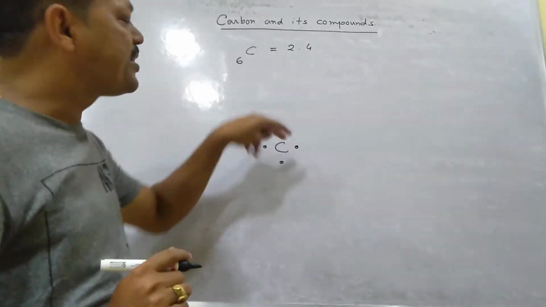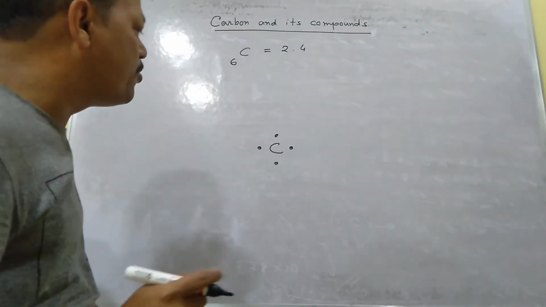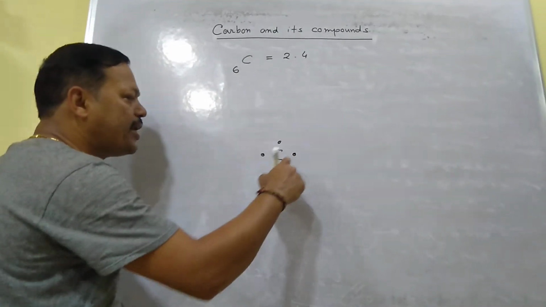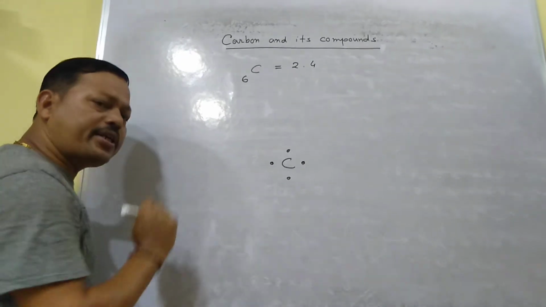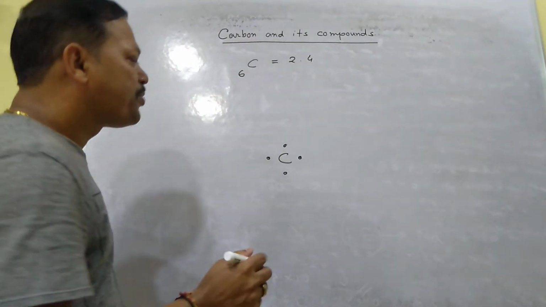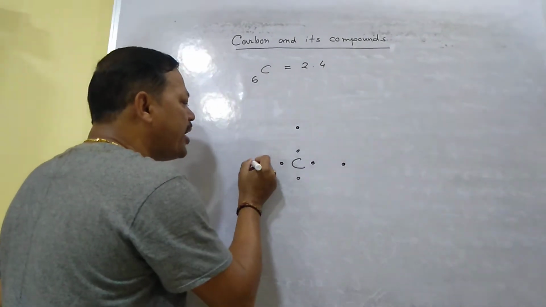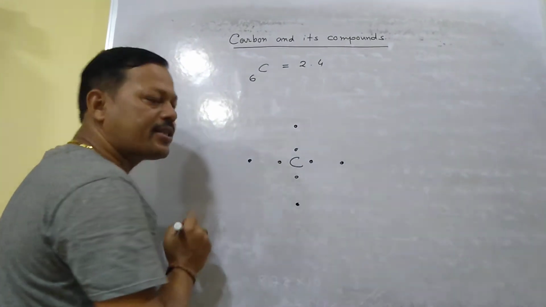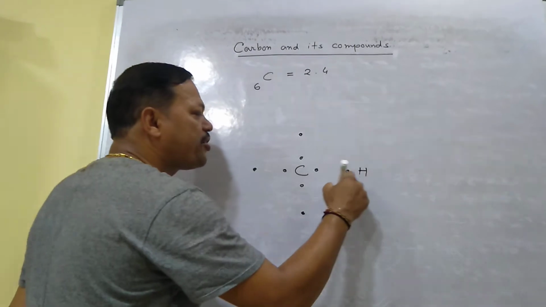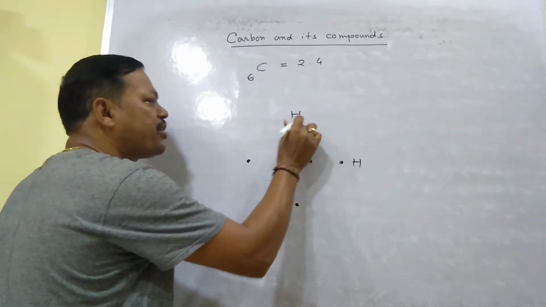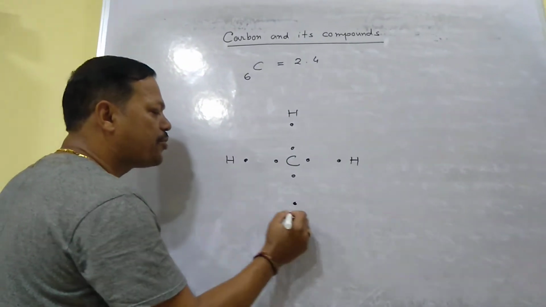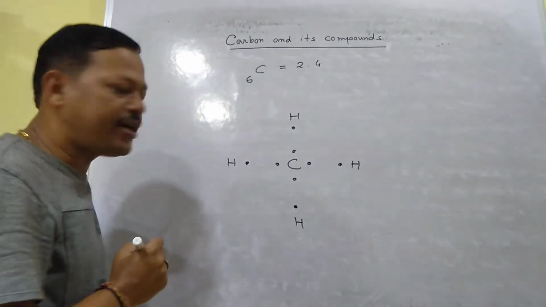Always the valence shell takes part in bond formation. So these are the 4 valence electrons of carbon. What will it do to complete the octet? It will share its 4 electrons with electrons of other atoms, like this. For example, hydrogen. This hydrogen contains 1 electron, this hydrogen contains 1 electron, this hydrogen contains 1 electron, this hydrogen contains 1 electron.